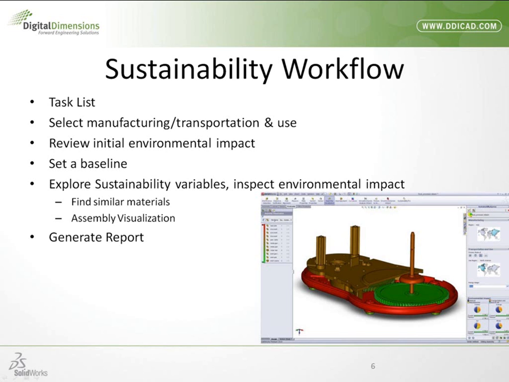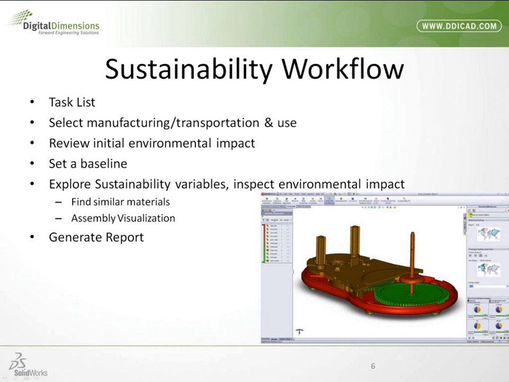After you've seen the initial environmental impact for your model as is, we can set a baseline so we can do some comparative analysis between your initial design and what you can possibly do to help improve your design from a sustainability point of view. After we've found the most optimal configuration for this new assembly or design, we can generate a report in Microsoft Word. We can email that out quite easily just from the interface.